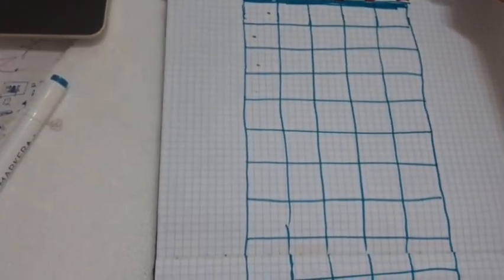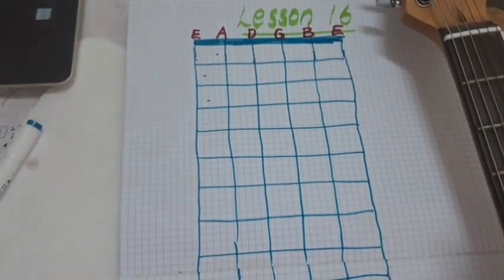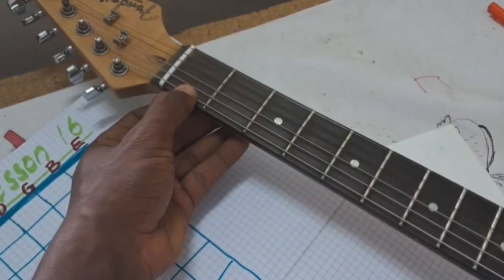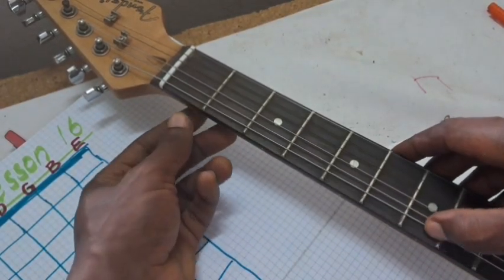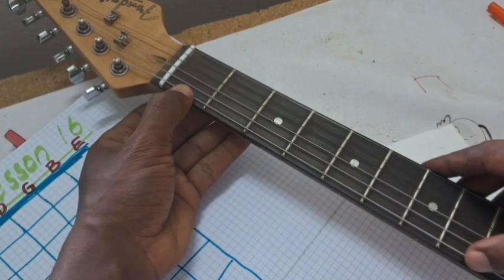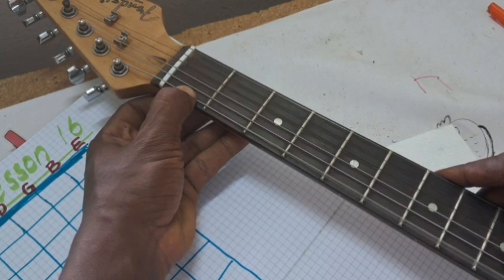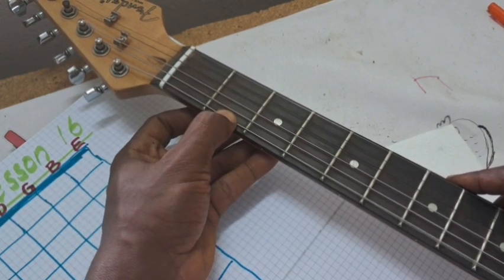So how do we go about naming other parts? Now let's demonstrate this. Listen to the sound. If it is not touched, it's E, as we said. But once you press here, you see the sound is different.